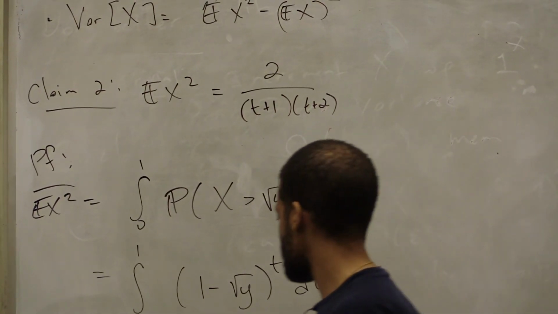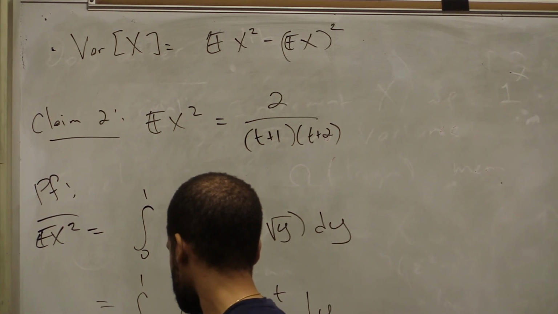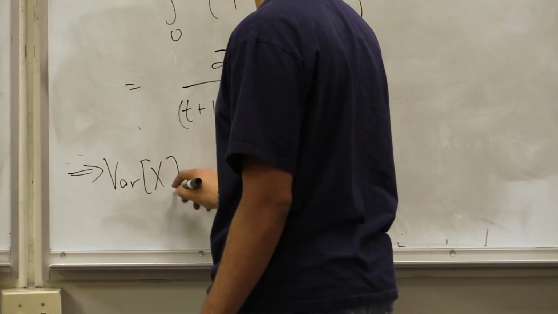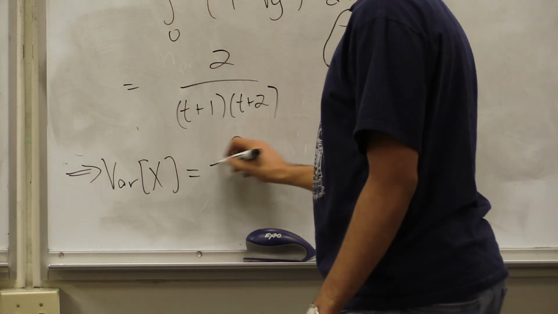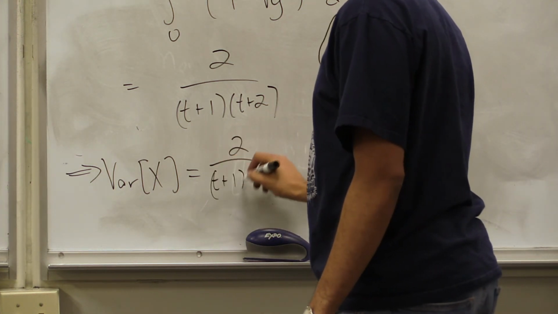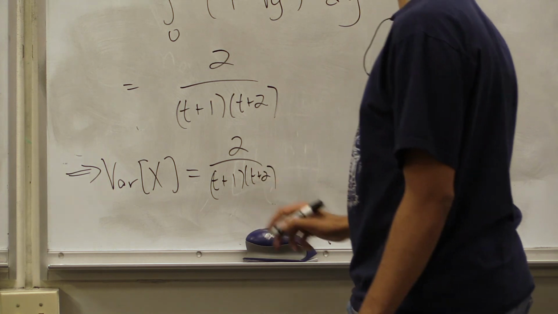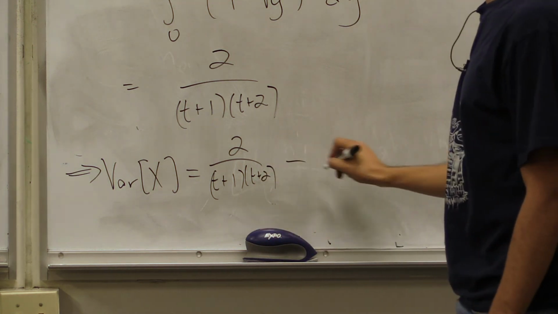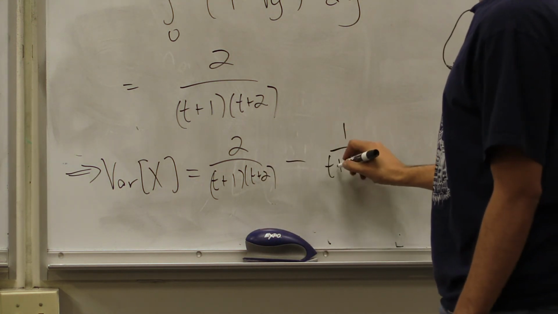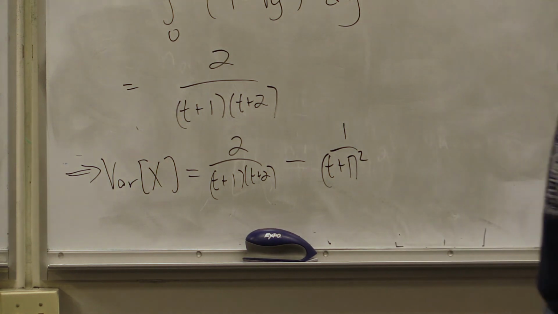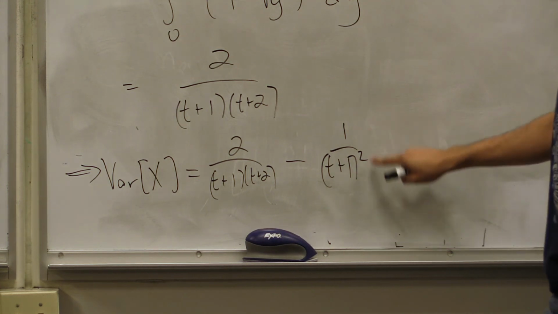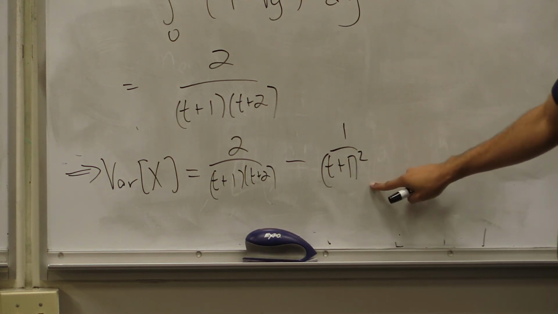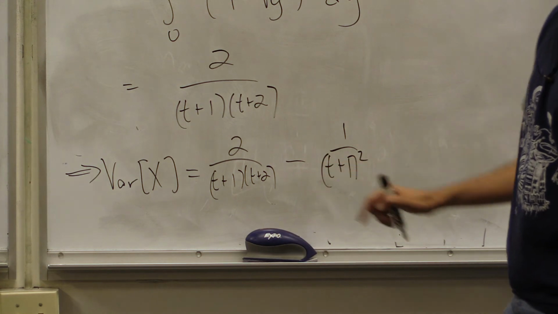So that implies that the variance is equal to 2 over (t plus 1)(t plus 2) minus 1 over (t plus 1) squared. Okay. Now let's give things similar denominators. So let's multiply this by (t plus 2) over (t plus 2), and let's multiply this by (t plus 1) over (t plus 1).